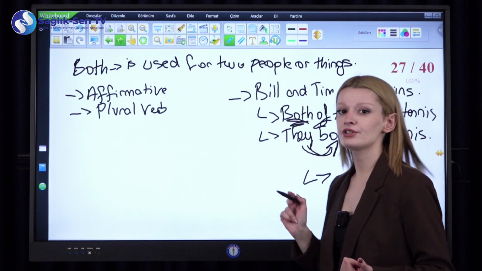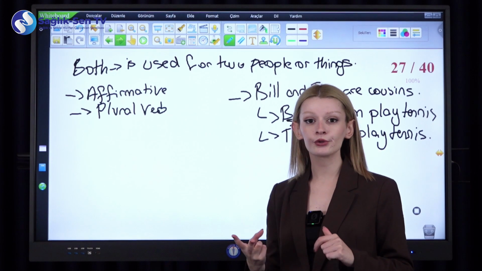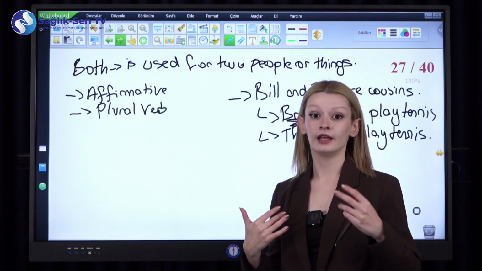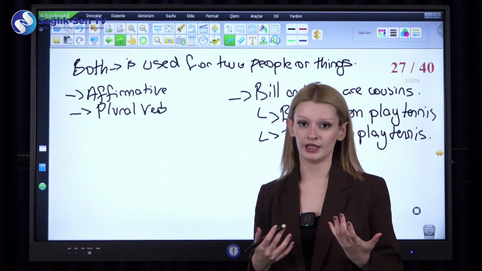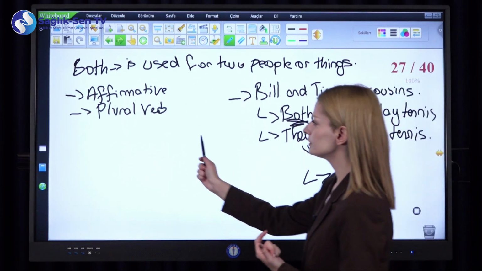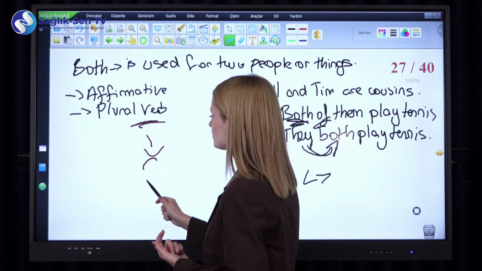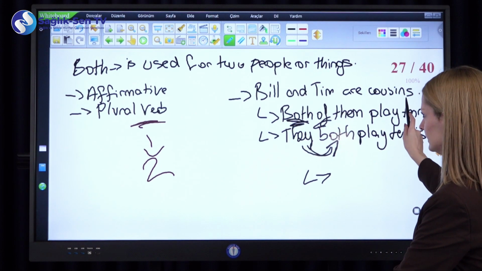And then we have studied both. When we're talking about two things or people, and I want to give an affirmative meaning, I use both. We use a plural verb because we're talking about two things or people. Bill and Sam are cousins.